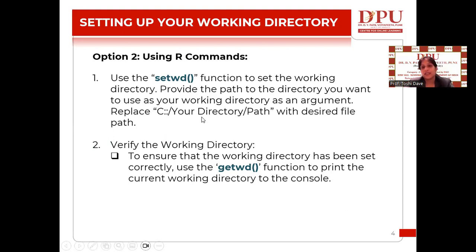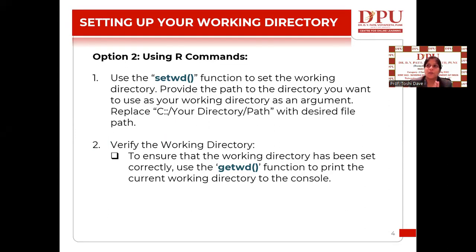Now, how do you see what path you require? For that, wherever you created your R program folder, just right click on that folder. You will find an option, the last option, that is Properties. Clear?